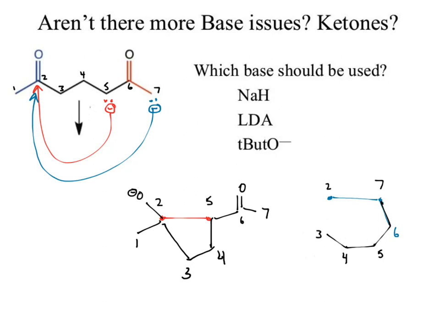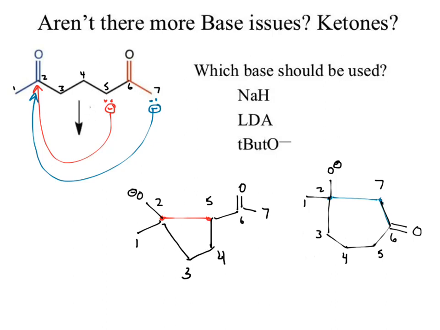And 3 is connected to 2. 2 is connected to 1. 2 is also connected to the carbonyl that was attacked, so I'll have that O minus. At position 6, oops, let's get rid of that 8. Position 6, I had the carbonyl. Everybody see that?